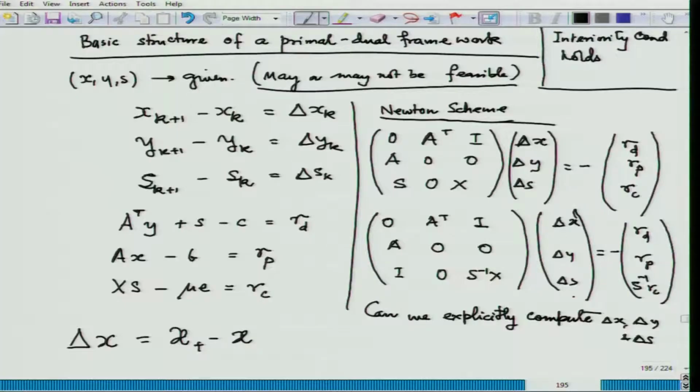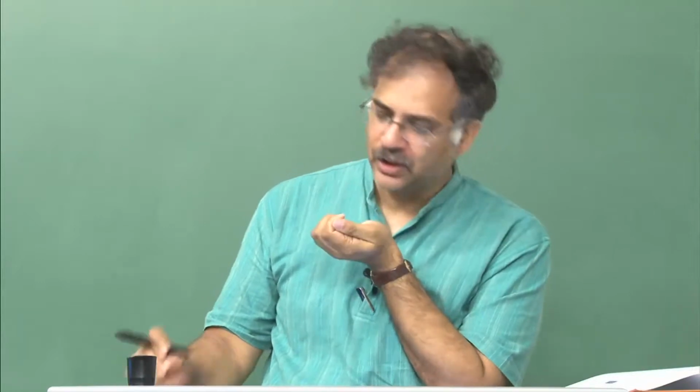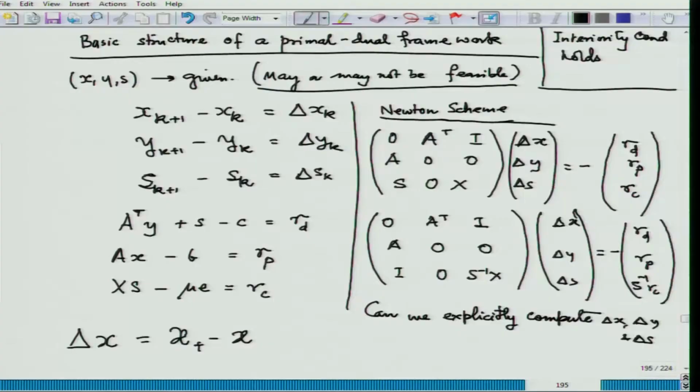Solving this means we are solving the Newton system for the inexact or relaxed KKT system, and that is what we need to solve to find the central path. This is very important, because in the program that we will write, we will have to know the solutions of this.